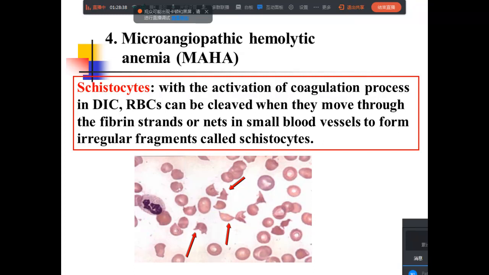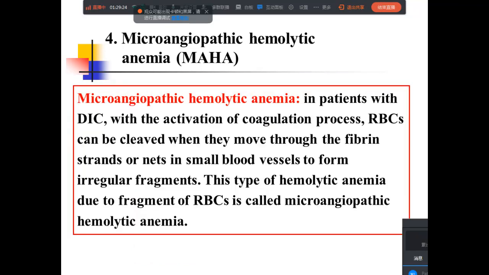During DIC, red blood cells break and form schistocytes. Schistocytes refer to broken red blood cells. The fragments form irregular shapes, maybe like helmets. Now, why do red blood cells break?